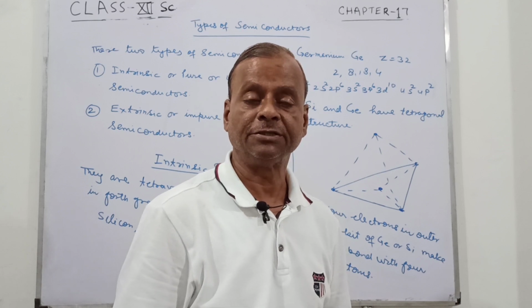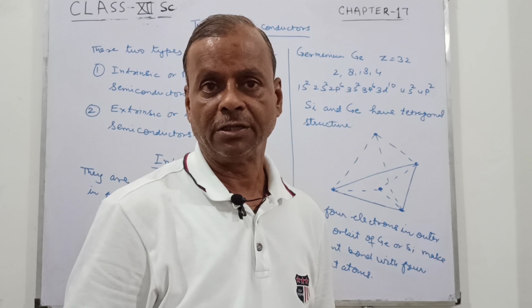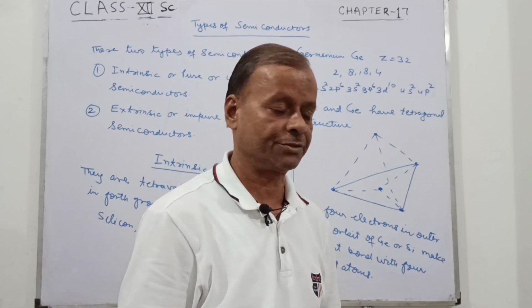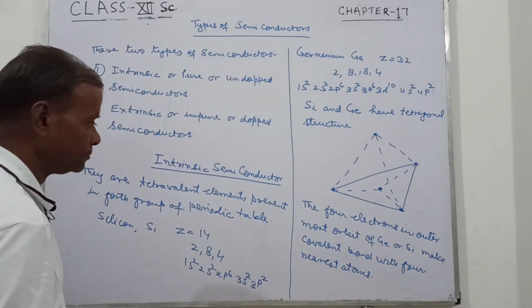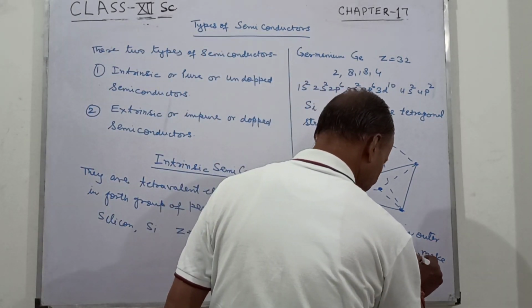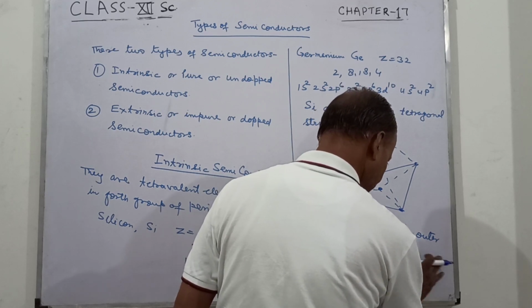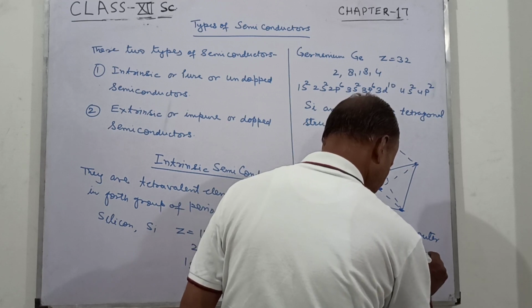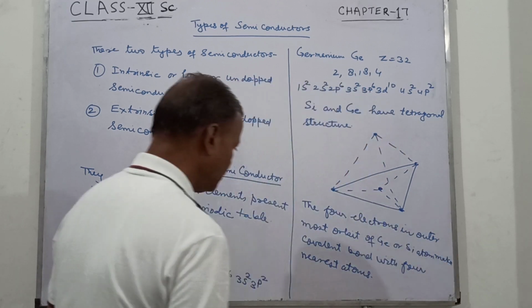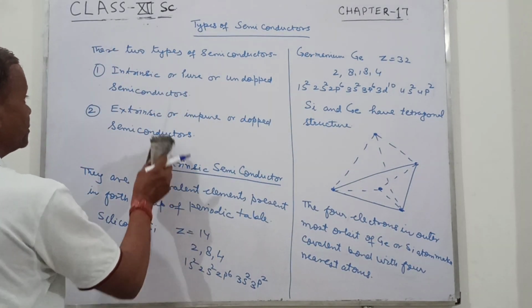So every germanium or silicon atom makes covalent bonds with the 4 nearest atoms.